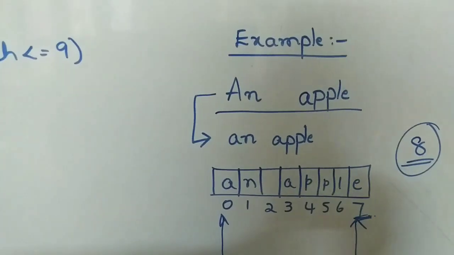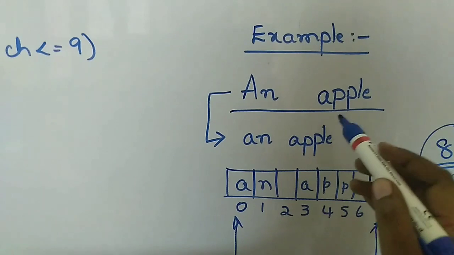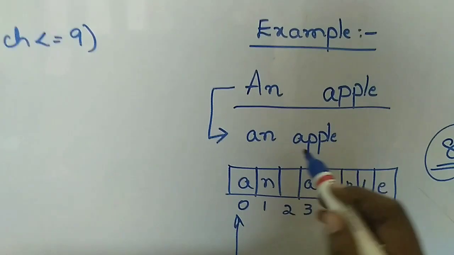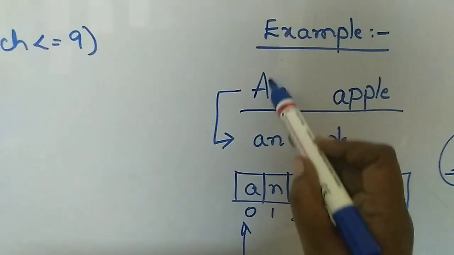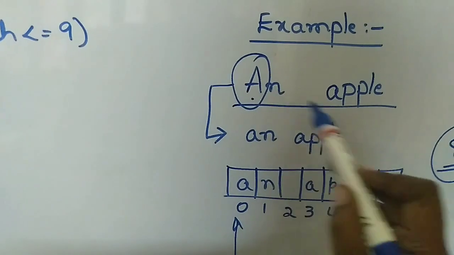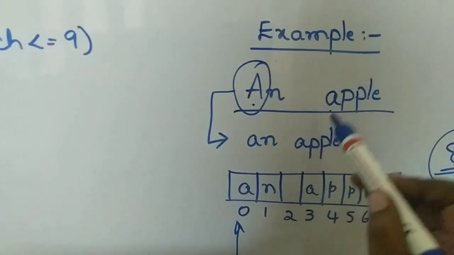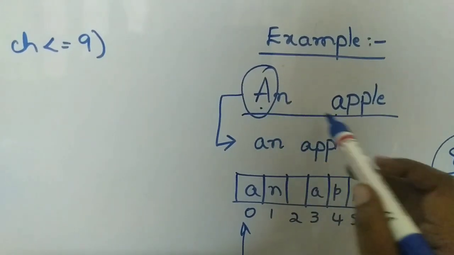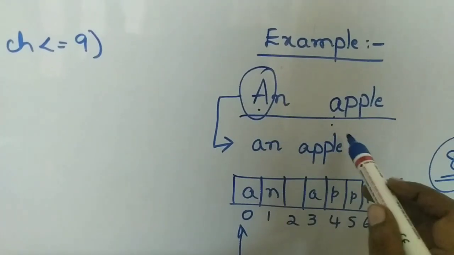I have told you in the previous step that I'll be converting the string into lowercase. The reason is this: here I said An apple, this A over here is a capital letter and this a is lowercase. Java is case sensitive, capital A is different from lowercase a, but both are vowels.